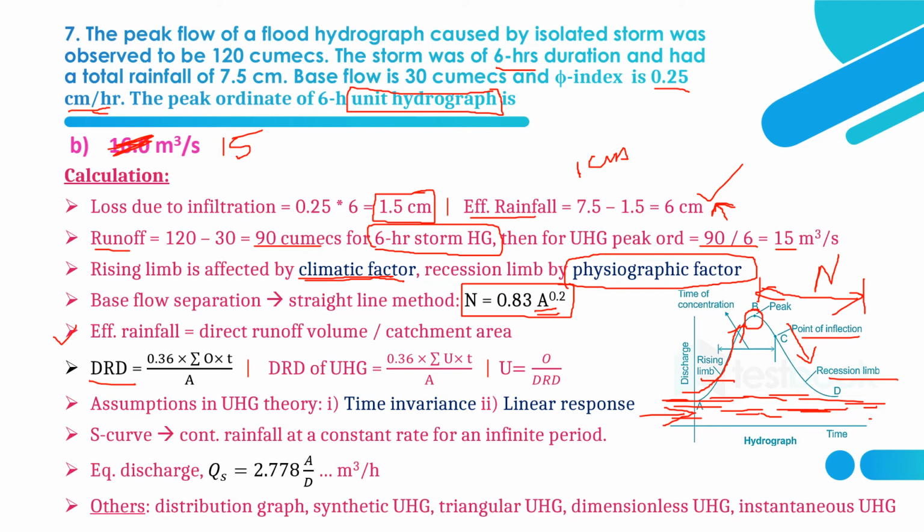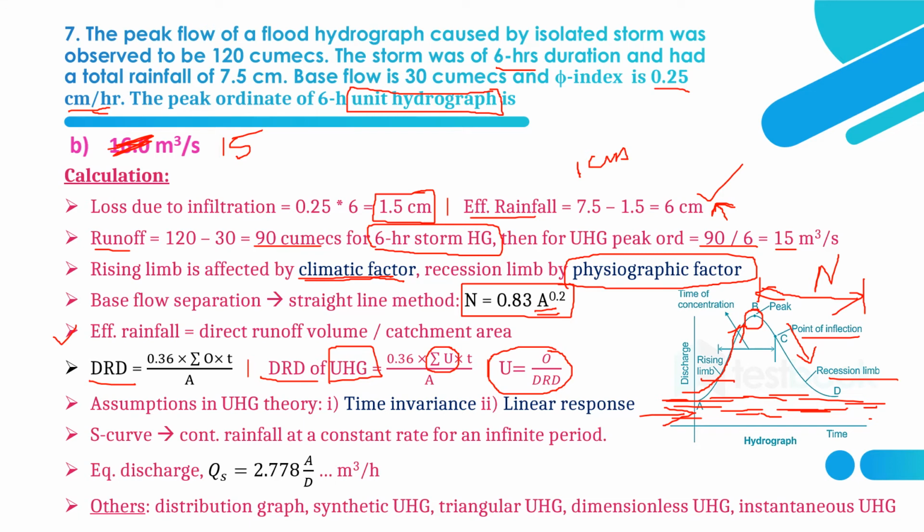When we need the DRD of a unit hydrograph, then we have to calculate the ordinates of the unit hydrograph. So how to calculate that? U is equal to the ordinate of the storm hydrograph divided by DRD. That will give the ordinates of the unit hydrograph.